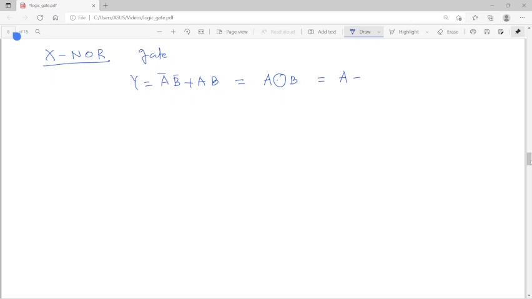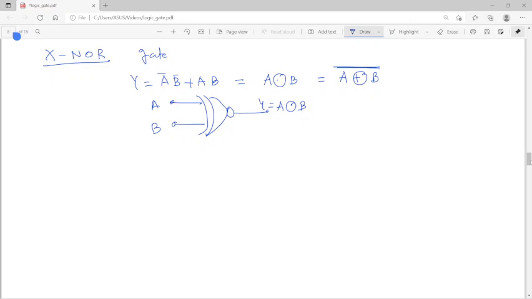The main thing is, if this is an XOR gate and if I take the complement of the whole, that will give you A bar B bar plus AB, and it looks like that. Two-input XOR, and I am putting a NOT gate here, right? So this is A, B, Y. This is nothing but the XNOR gate.